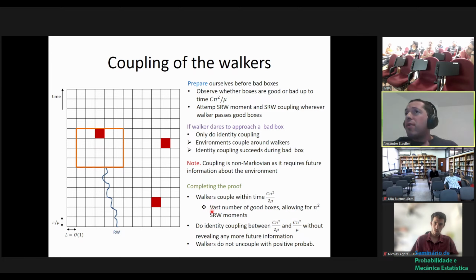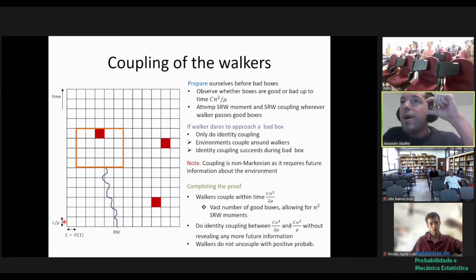And the argument is just a percolation argument. You could do this in a multiscale way, but you could do it any way you prefer. You just have to show that the number of good boxes outside the protection zones that you cross in this way will be of order n². Each box, you see here to the left, takes time of order 1 over μ.